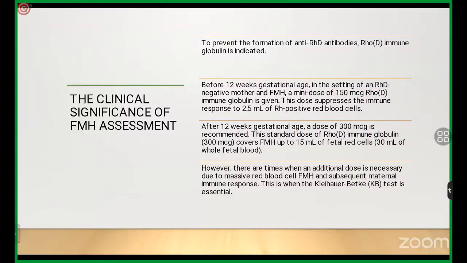So you see, these dosages are specific, and if they're specific, it brings into our mind that this hemorrhage has to be quantified for us to go into specific dosage.